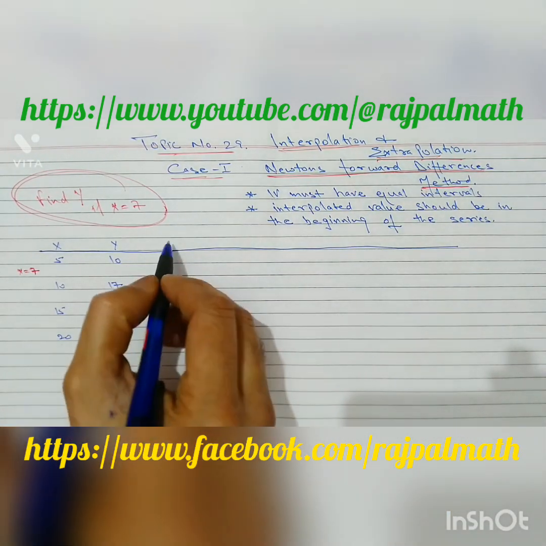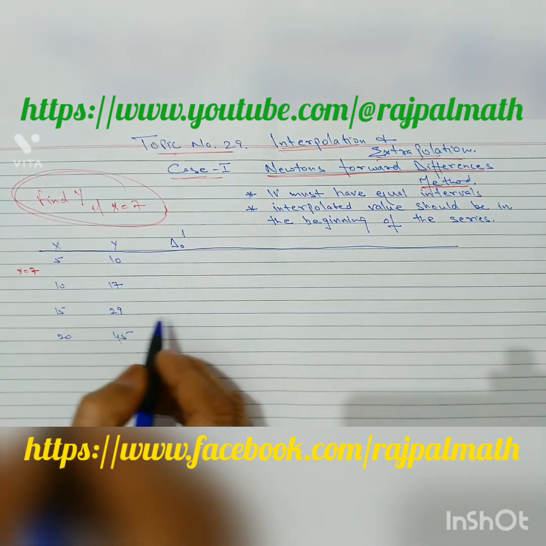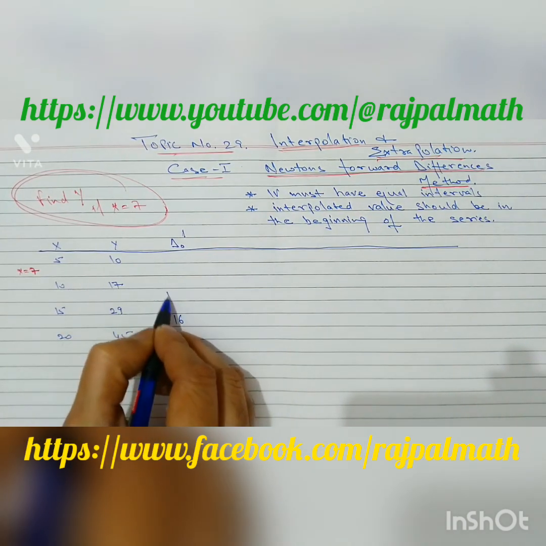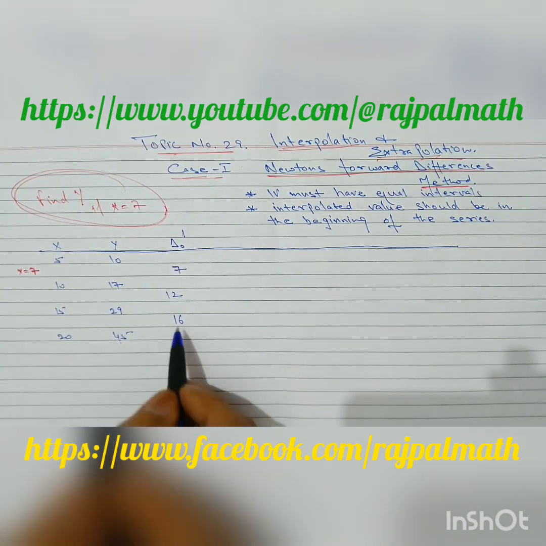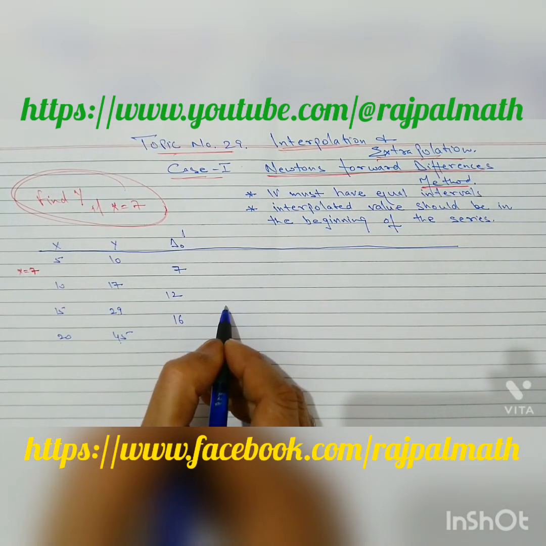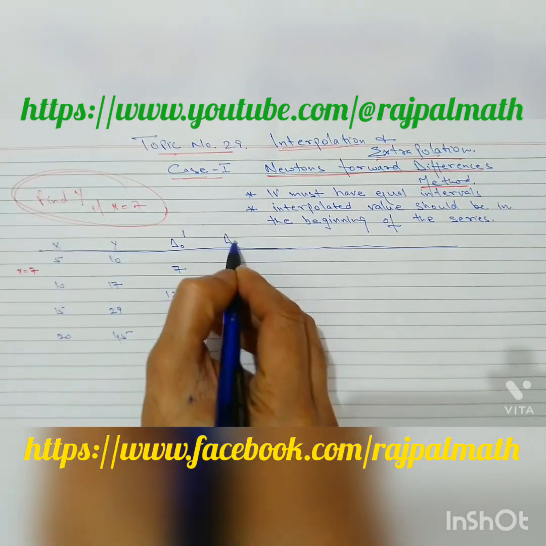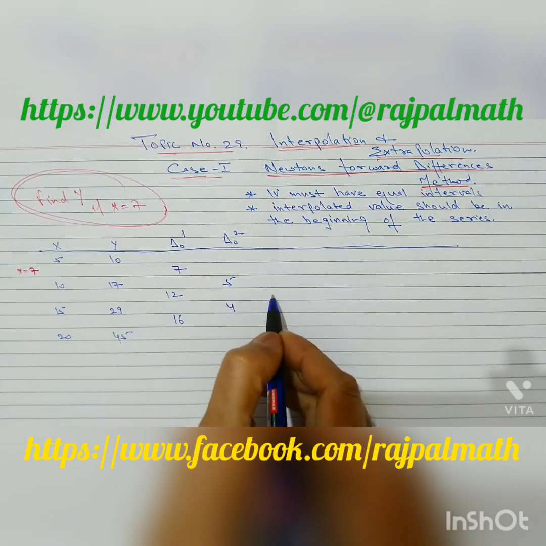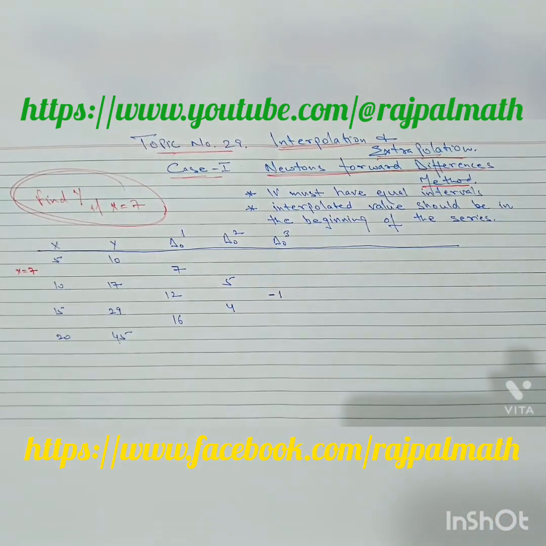Now calculate differences. 45 minus 29 is 16, 29 minus 17 is 12, 17 minus 10 is 7. For the next, 16 minus 12 is 4, 12 minus 7 is 5, which is delta naught 2. For the next, 4 minus 5 is minus 1, which is delta naught 3.